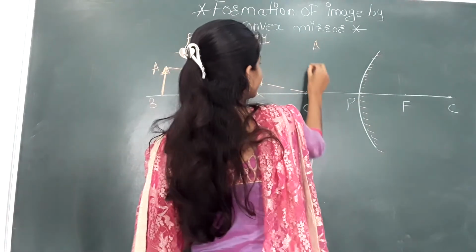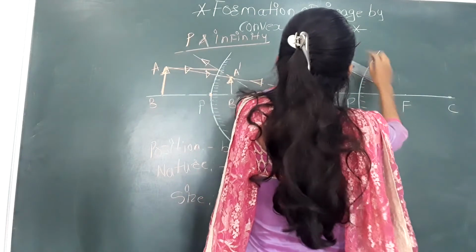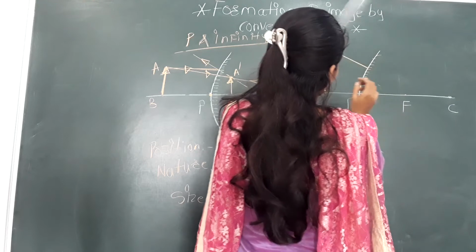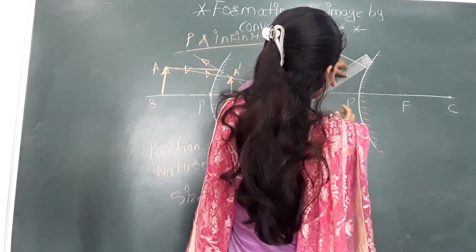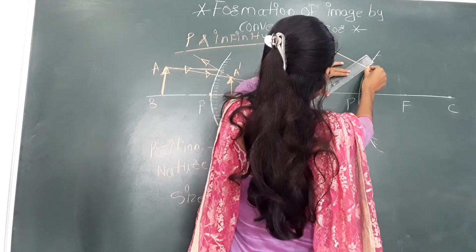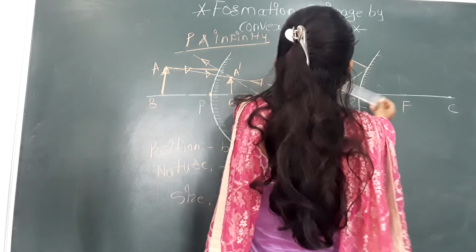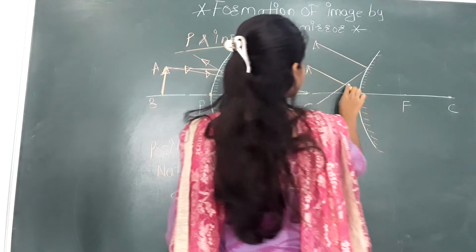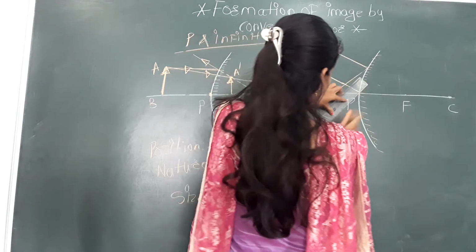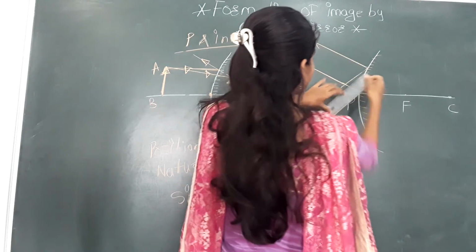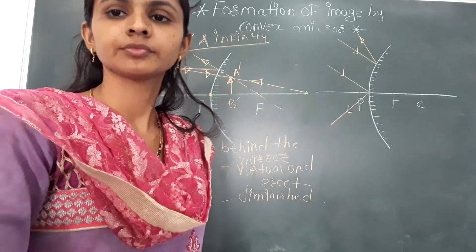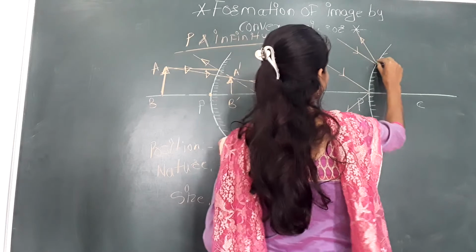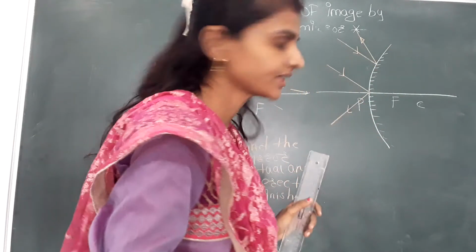Suppose from A and A we will get the rays. When it is on the pole, it will reflect with the same angle. Here we are having 2 rays. Now it's time to draw the backside part of the ray.